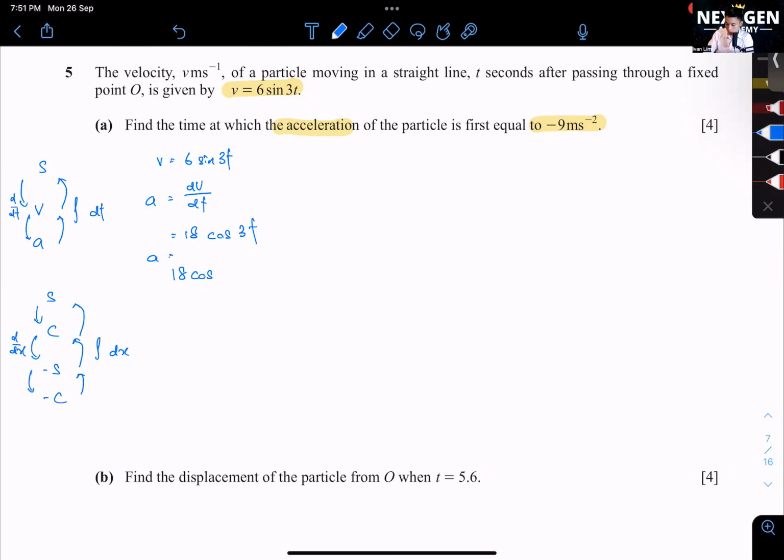So a equals -9. Over here, the second step: 18 cos 3t equals to -9. Cos 3t equals to -0.5. Then we have to do trigo.